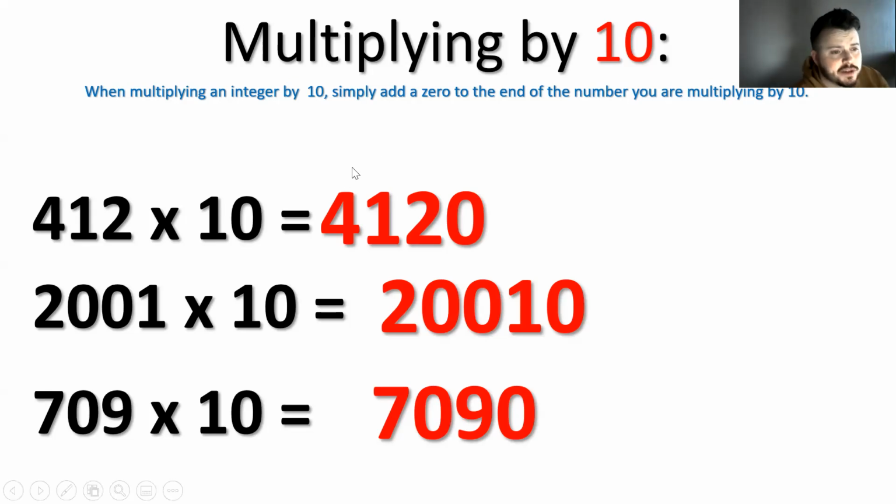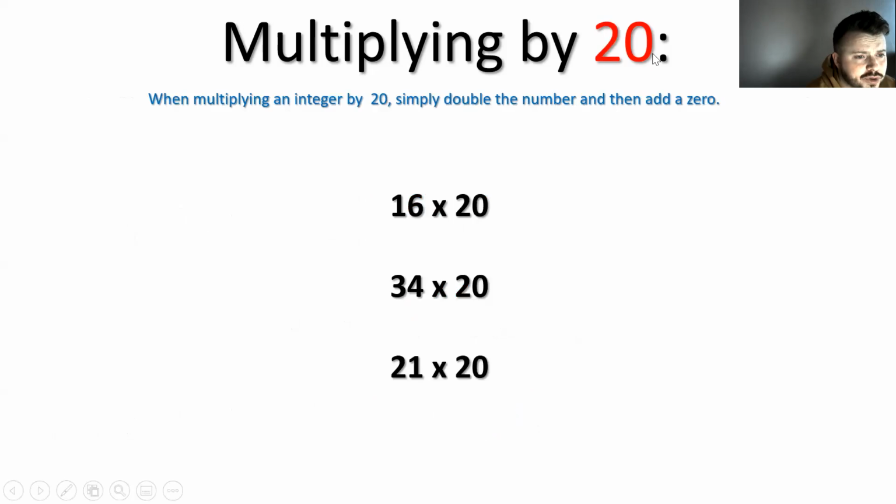So now we're going to move on to multiplying by 20. So this time, instead of just adding a 0 on the end of our numbers, we need to double the number first, then add a 0. We spoke about why this was the case on Monday, so hopefully you remember why we have to do that, but it works.